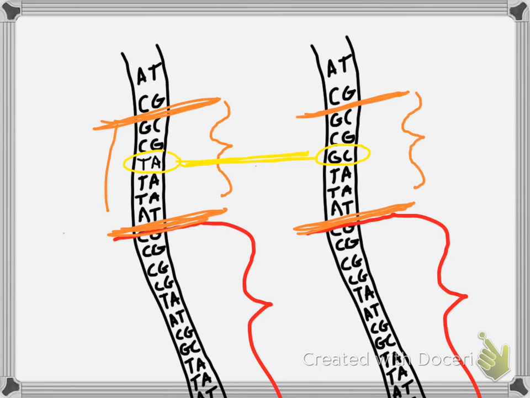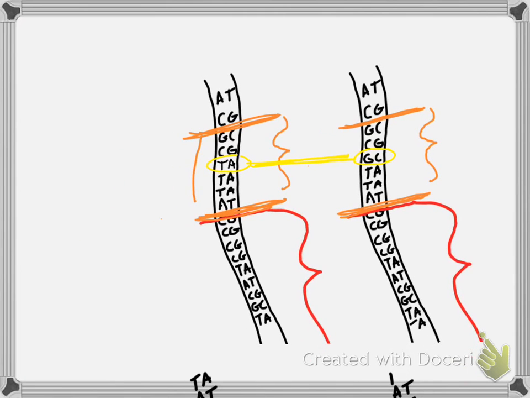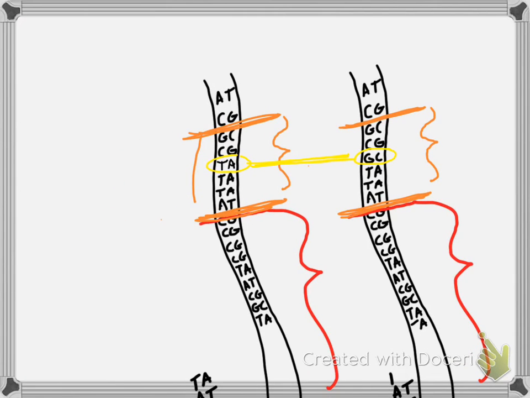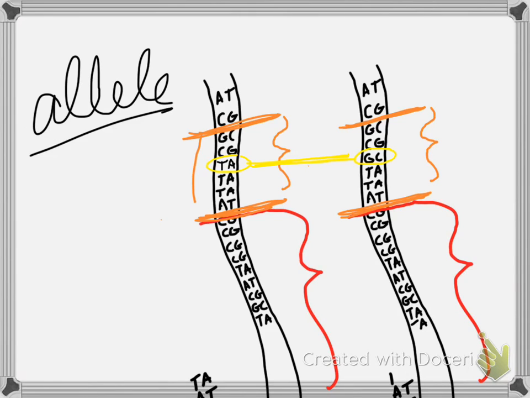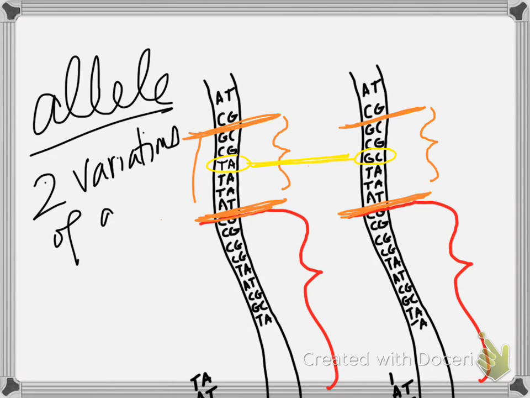Because remember, what is an allele when we talked about alleles? An allele is what? Two variations of a gene. It's two versions.